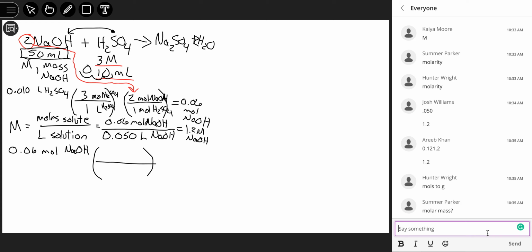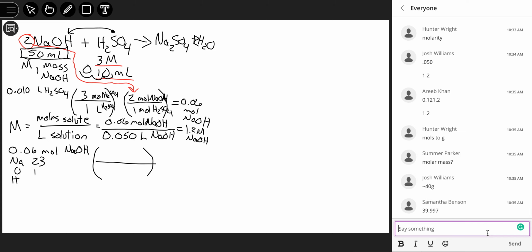You better remember the molar mass of sodium hydroxide. I think it's 40. Let's calculate it. Yep, 40. Oop, and I put it in the wrong place.